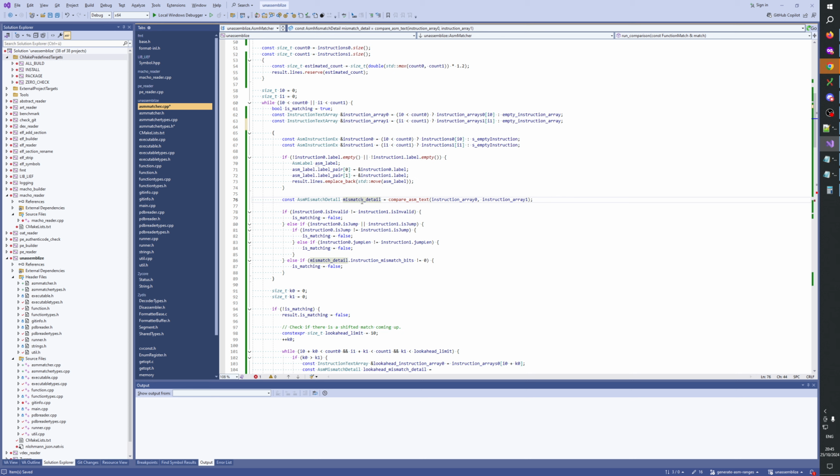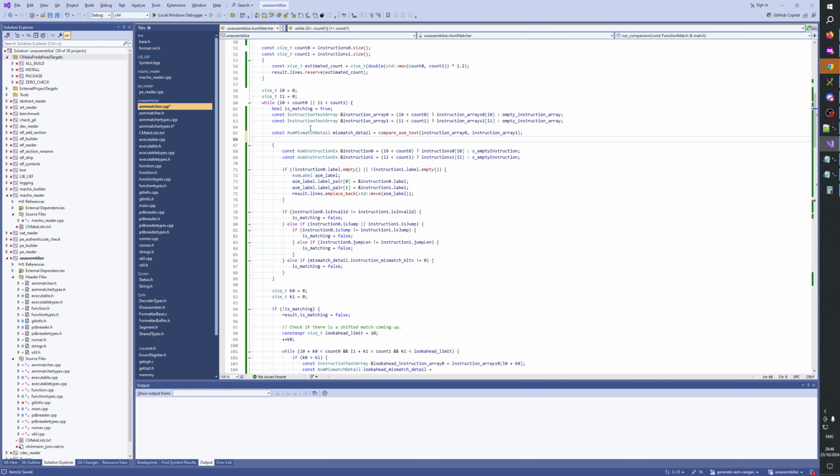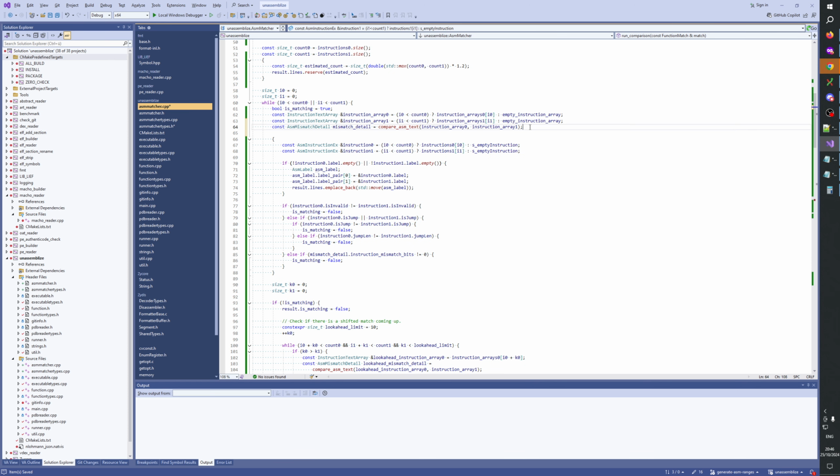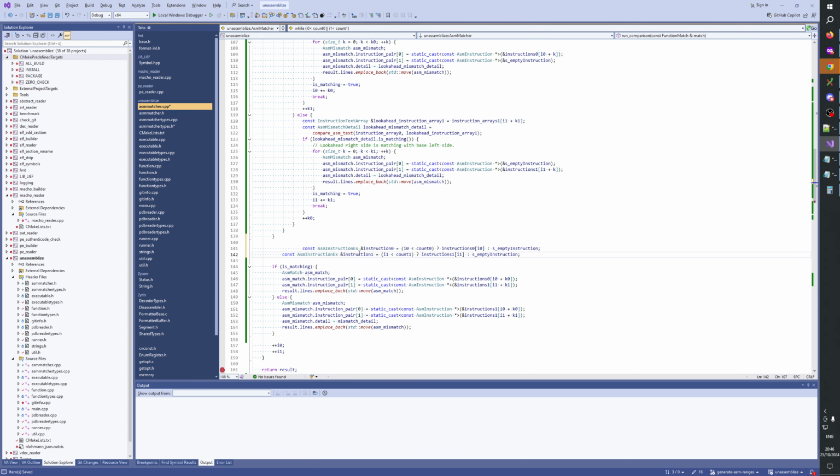Mismatch detail. This one I can put here. Then we put this here.